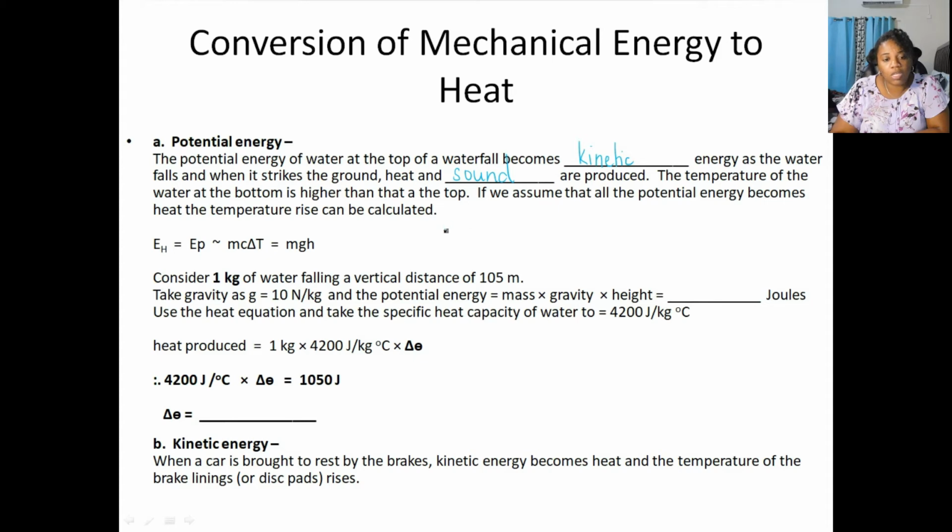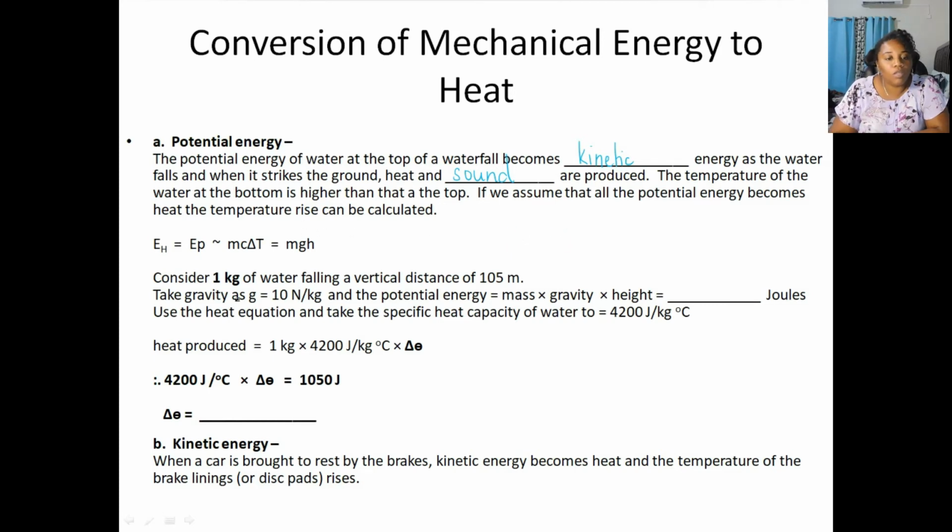So in this case, we're going to be using EH equal to EP because it involves potential energy, right? So as you can see here, they have EH equal to EP, where EH is actually mcΔT and EP is actually mgh. When you transpose, if you're solving for, what is solving for?